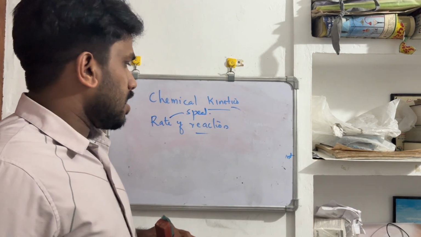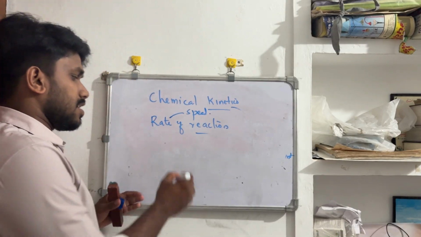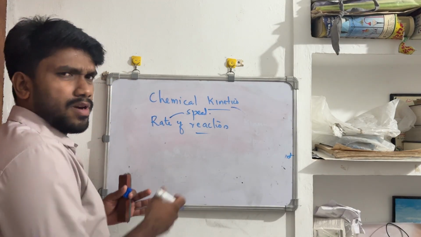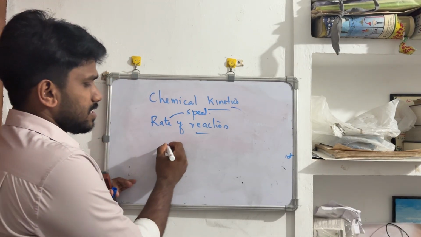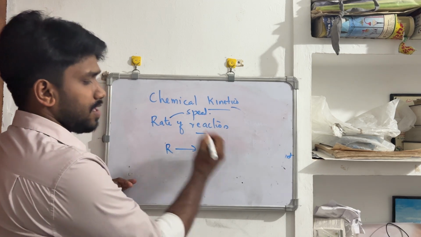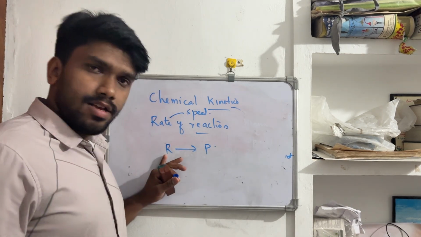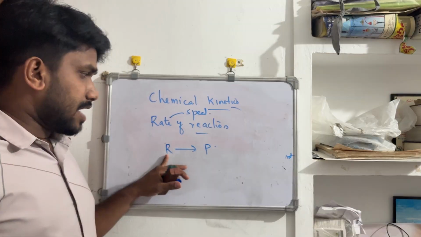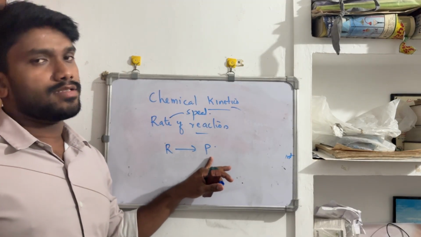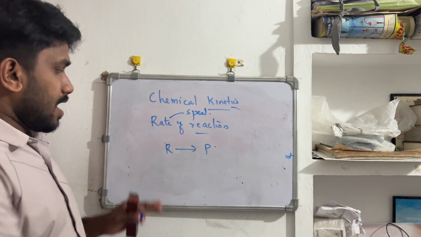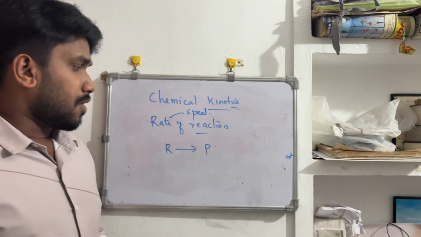Suppose I consider a simple reaction for understanding, that is R gives P. R is reactants and P is products. The reactants are converted into products.